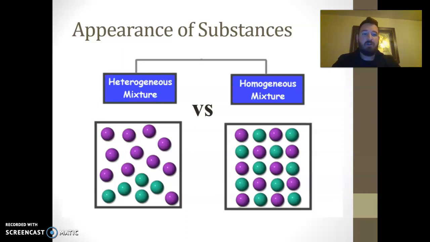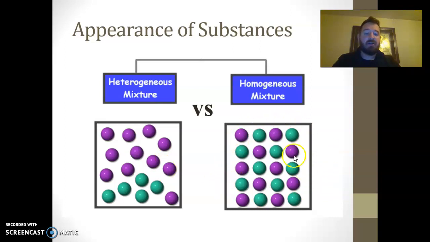Heterogeneous mixtures look like they're made of different things. They're not uniform throughout, while homogeneous mixtures make it look like it's made of one substance, and it looks uniform throughout. So, if we're looking at the particle view here, imagine it's like a piece of granite. We have one colored substance here and then another different colored substance up top. We can definitely see how there's not a uniform pattern.